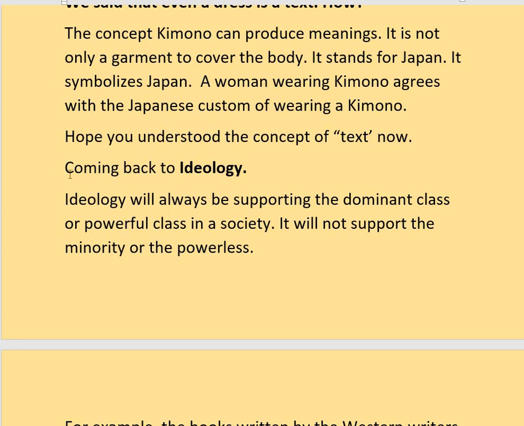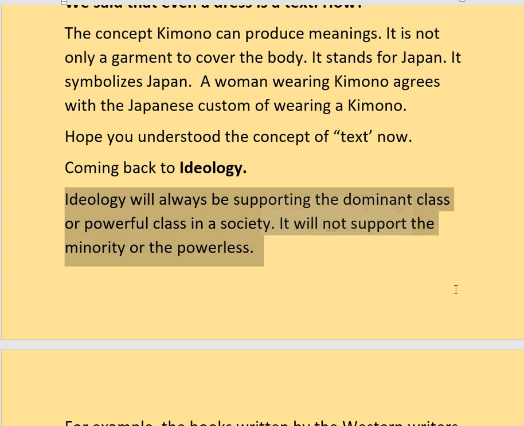Now, coming back to ideology. Ideology will always be supporting the dominant class or powerful class in a society. It will not support the minority or the powerless class. This is a very important concept.